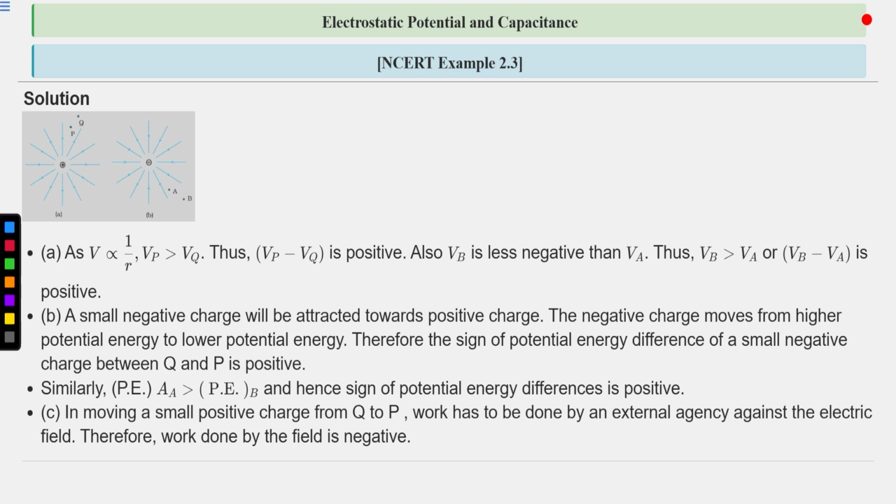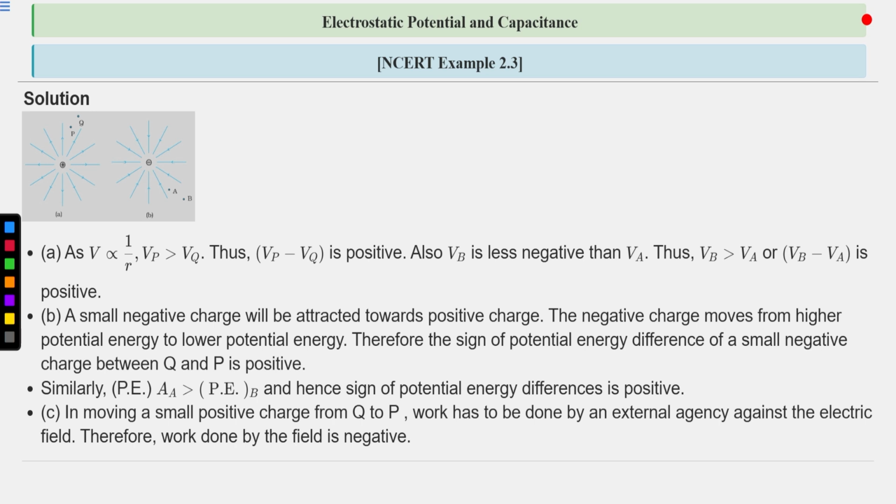So this work done is stored in the form of potential energy, and that work done is positive because we are working against the electrostatic force. If we are doing work against the electrostatic force, it will be positive. If we are moving in the same direction, or if the work is done by the conservative forces, we are not applying any external force.